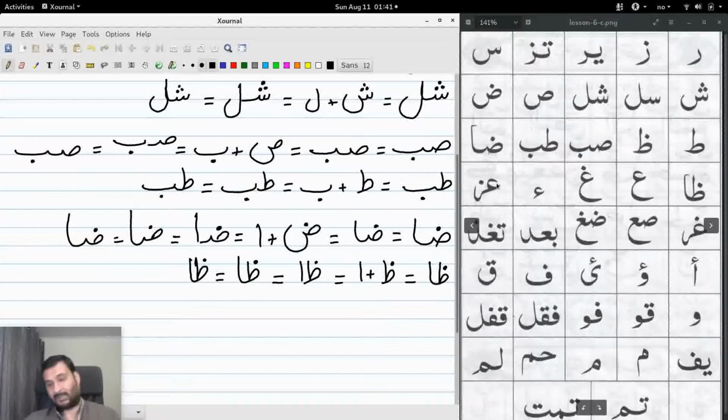But this is not Hamza, because Hamza always appears completely individually, at least surrounded by space all around it. So if anything looks like a Hamza but is connected to something else, that means it's not a Hamza, it's an Ain, which is here.